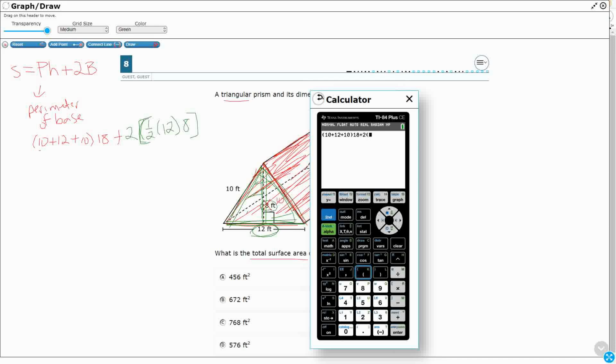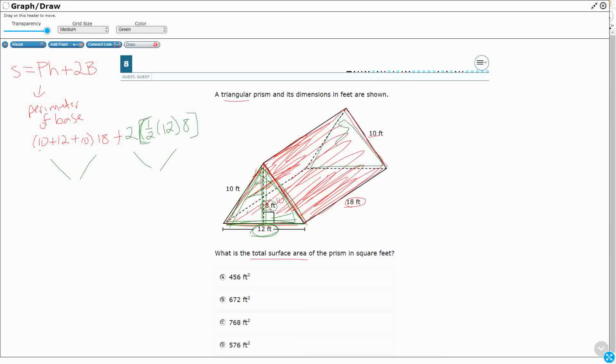Right, I'm going to do 0.5 for my 1/2. I'm going to multiply that by 12, and then multiply that by 8. Let's close the parentheses. All of that magically turns into 672. If you want to, you could double check some of these smaller ones and you can add them up. But that is going to be our answer, 672 square feet.